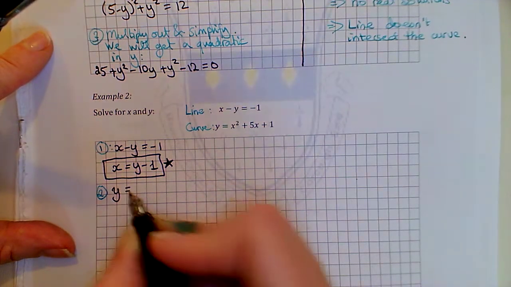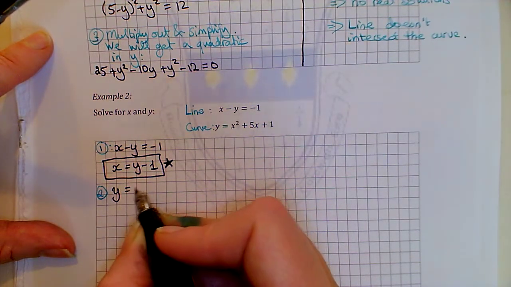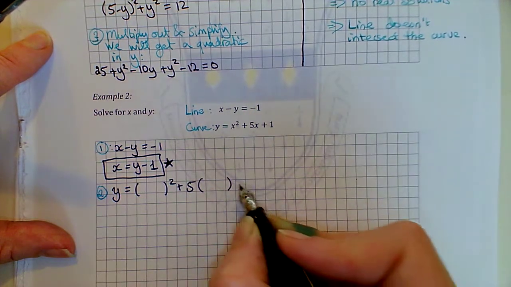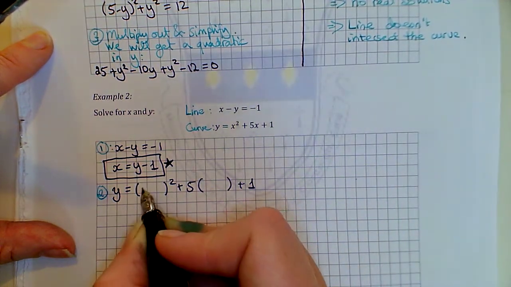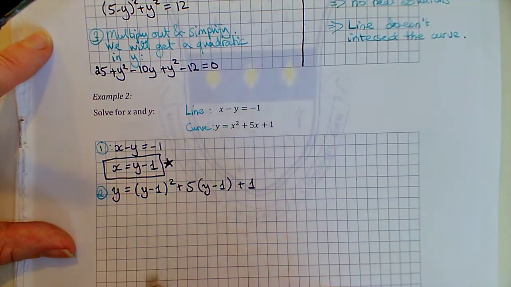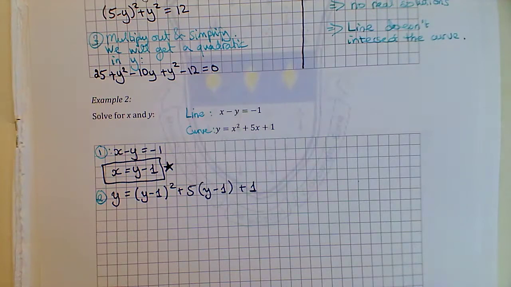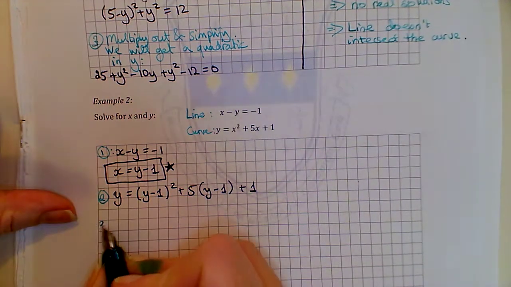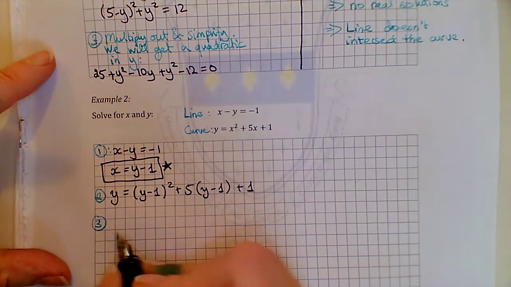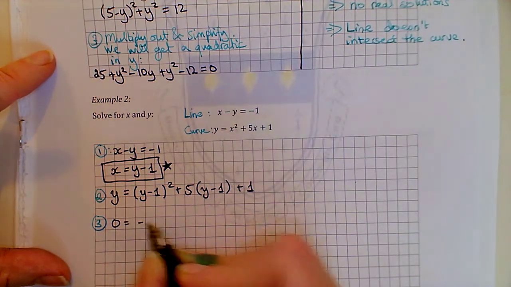So I've got y equals x squared plus 5x plus 1. And everywhere I had x, I now write y minus 1. Then I multiply out my brackets and I bring everything to one side. I'm going to have a quadratic equation. So I'm going to bring the y over.